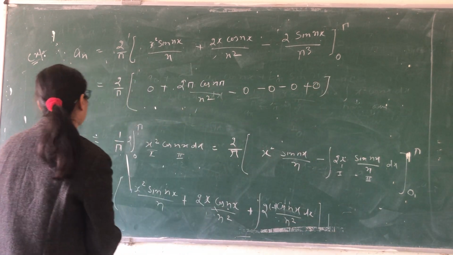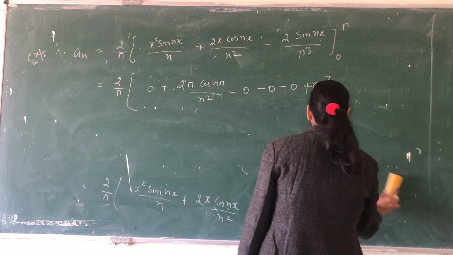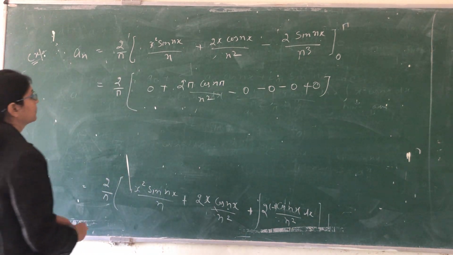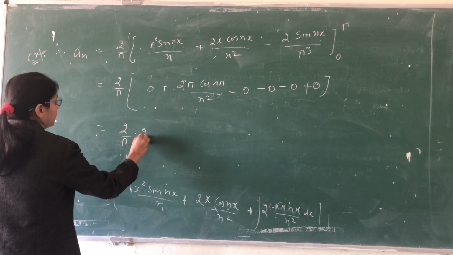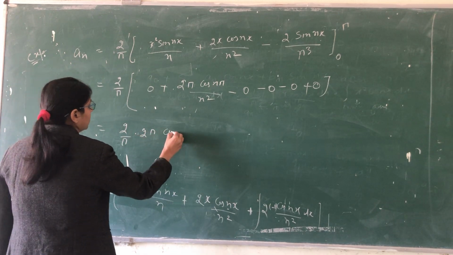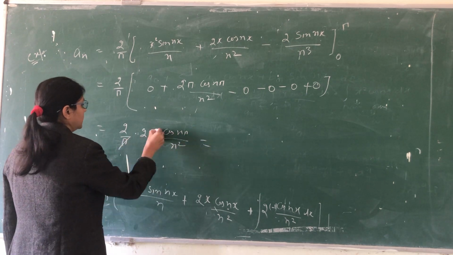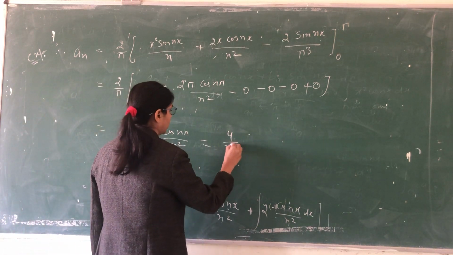So we will get here 2 upon pi into 2 pi cos of n pi over n square. Pi and pi cancel. This is 4 over n square.